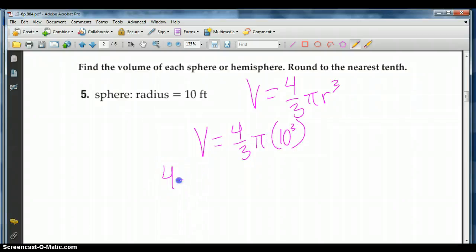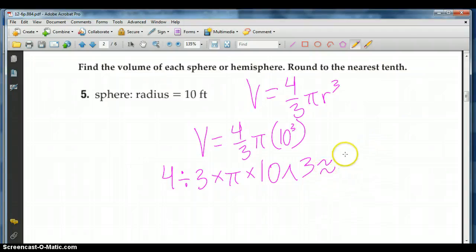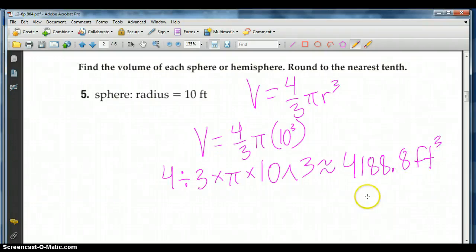So we can just type that in as 4 divided by 3 times pi times 10 to the third power. And in this case we get approximately 4,188.8, and since it's volume, our units will be cubic units, so cubic feet.